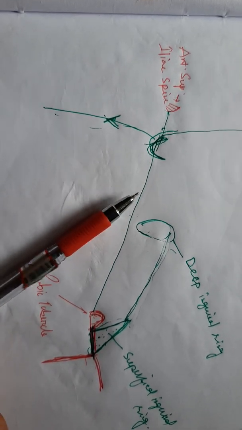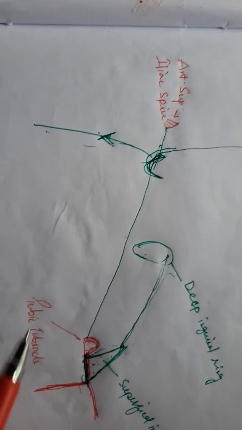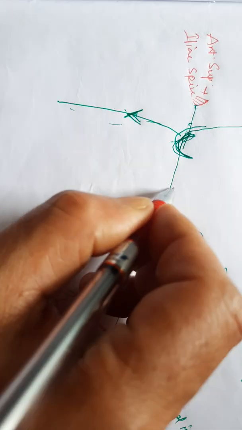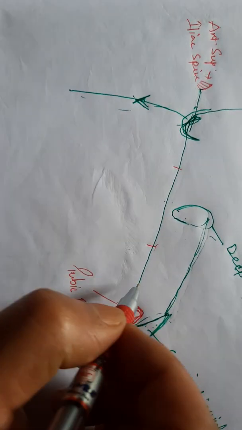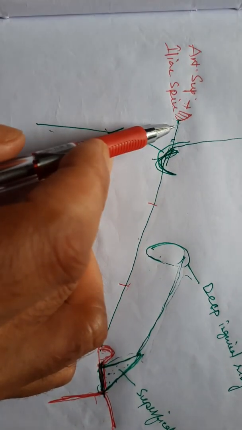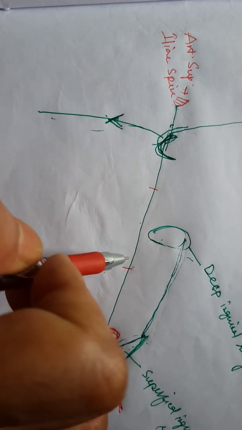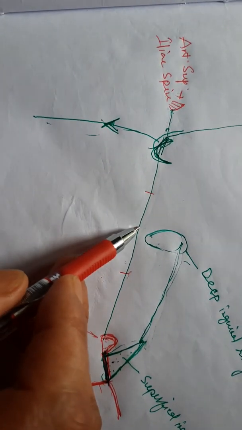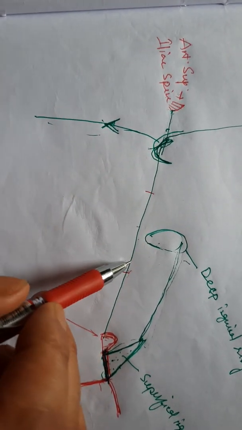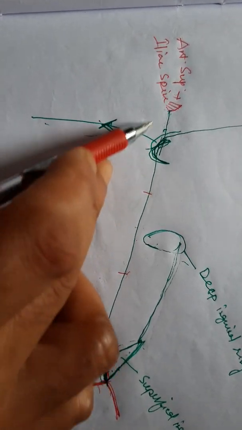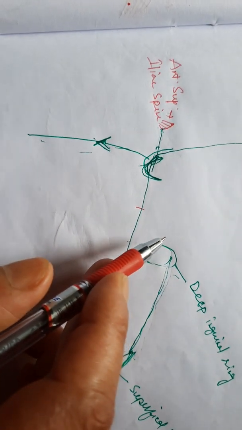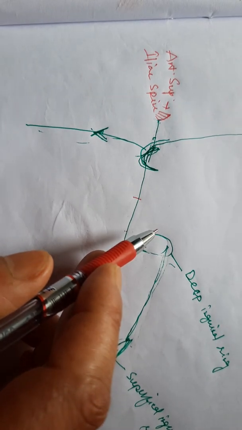That means from this area. First, we have to divide it into three parts: lateral, middle, and medial. From these three parts, only the lateral two parts, the internal oblique muscle arises from this entire part of the groove.